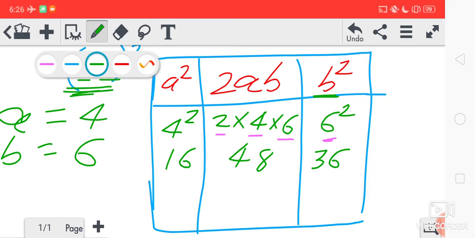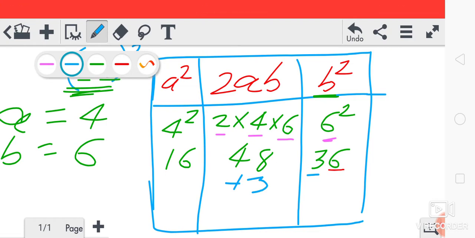Now there is a twist. What we have to do is underline the last digit. The remaining part, the 3, will be added here.